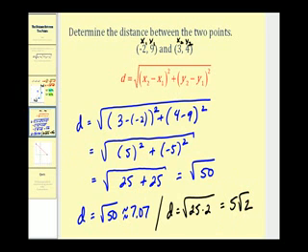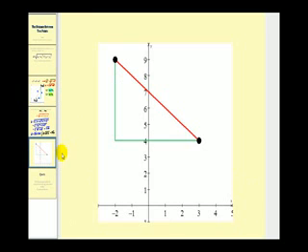Let's go and take a look at this graphically. Again, we said this distance here was approximately equal to 7.07. Notice the horizontal distance here from -2 to +3 would be 5 units. The vertical distance here from 4 to 9 would also be 5 units. Now just to do a quick comparison, if we wanted to label this side C for the hypotenuse and use the Pythagorean theorem, we should obviously come up with the same answer.